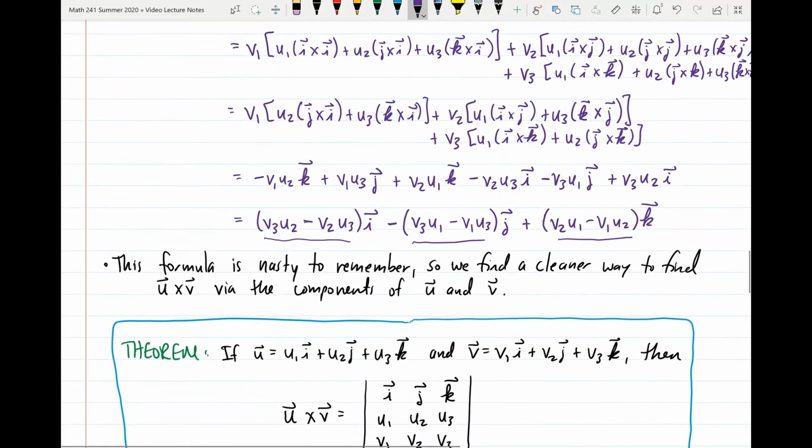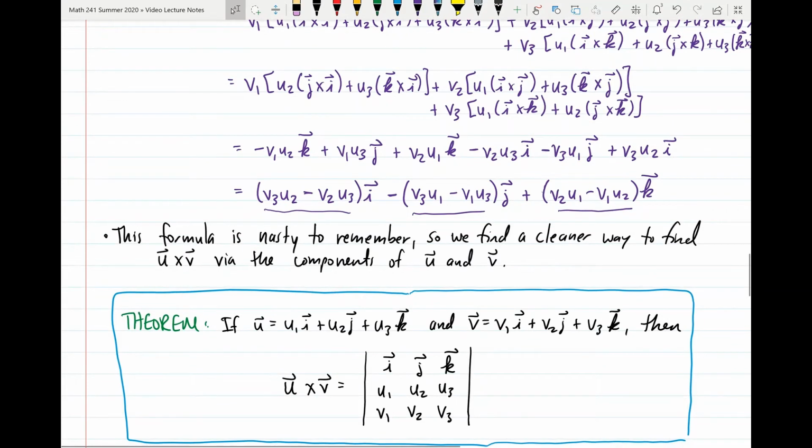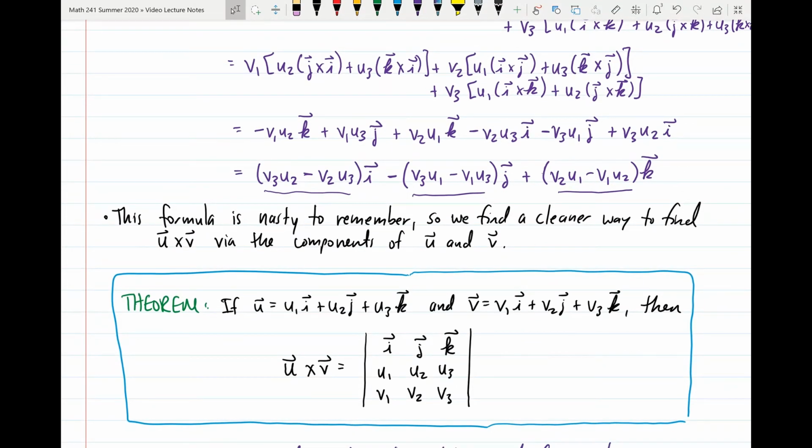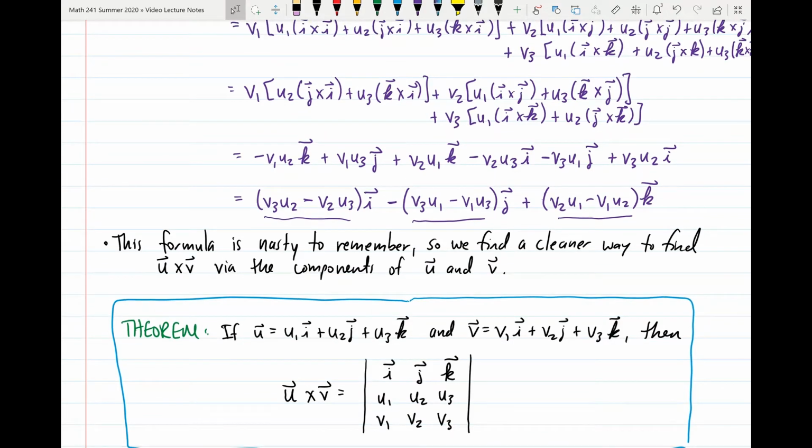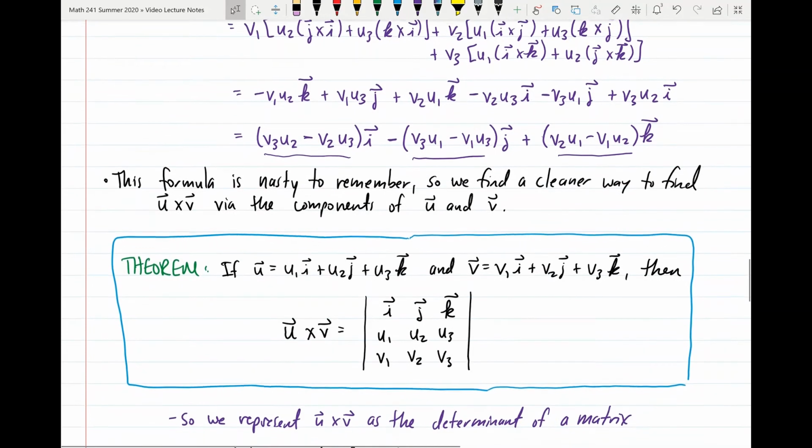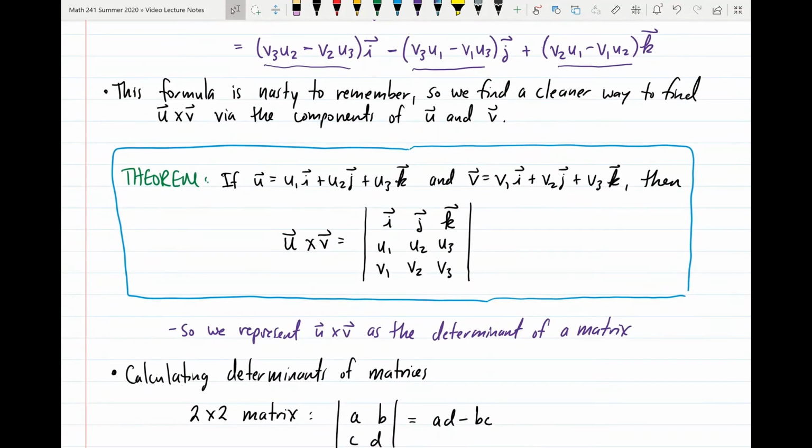But there's actually a nicer way to remember this formula or to calculate the cross product of u and v given the components, that's not just remembering this formula. So we're going to find a different way to calculate u cross v. And to do that, we're going to use a little bit of linear algebra. So for those of you who have already taken linear algebra, or who are familiar with matrices and specifically determinants of matrices, this is probably going to make a lot of sense.